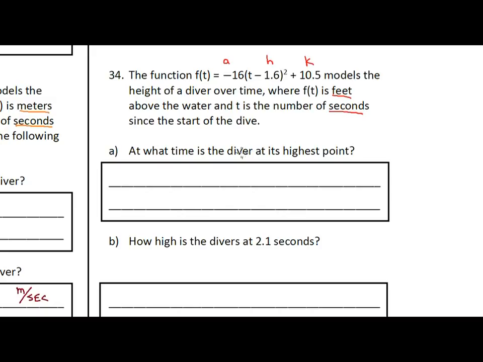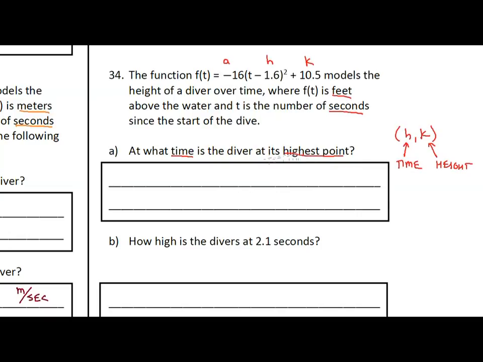At what time is the diver at its highest point? We know that's going to be a vertex, h, k, and the time the diver reaches the highest point is right here. That's going to be the x value or time. This would be the highest point or the maximum height.